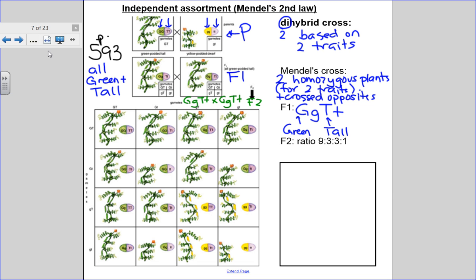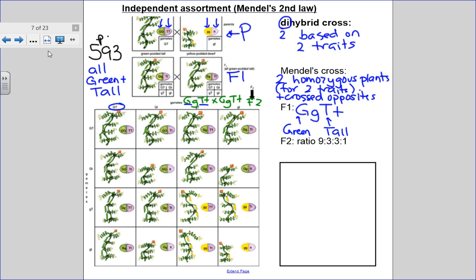When we did a monohybrid cross, each organism could make two possible gametes, one or the other. Now that I'm doing a dihybrid cross, each organism can make four possible gametes because they have two characteristics and there's two alleles for each of them. Possibly this organism made a gamete that had the dominant gene for green and the dominant gene for tall.